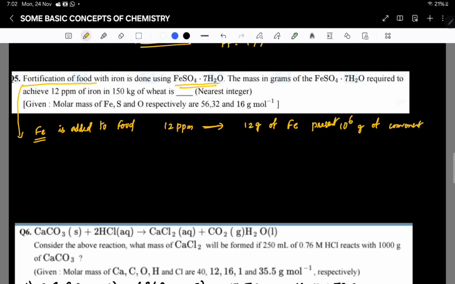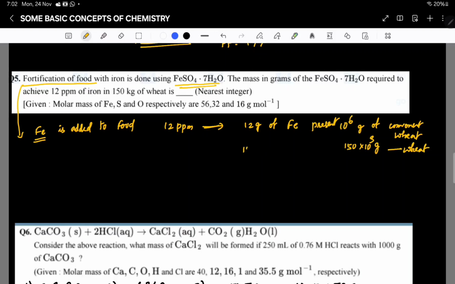So 150 kg is nothing but wheat. 150 into 10 to the power of 3 grams of wheat contain how much iron? That's it, student.